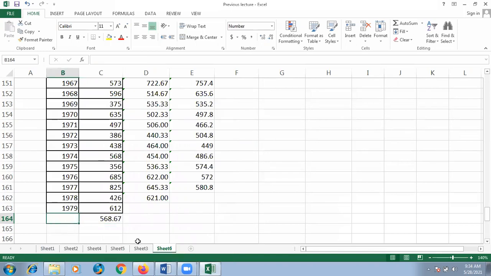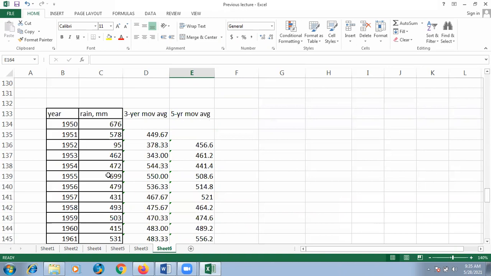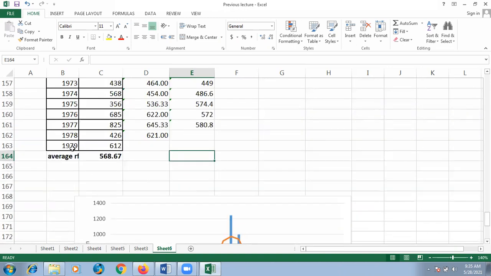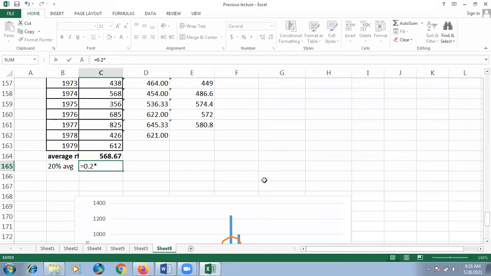Okay. So the average rainfall is determined. So 568.67 mm is the average rainfall for all the years together, starting from 1950 ending with 1979. 568.67 is the average value of the rainfall. 20% of average is nothing but 0.2 times this value.